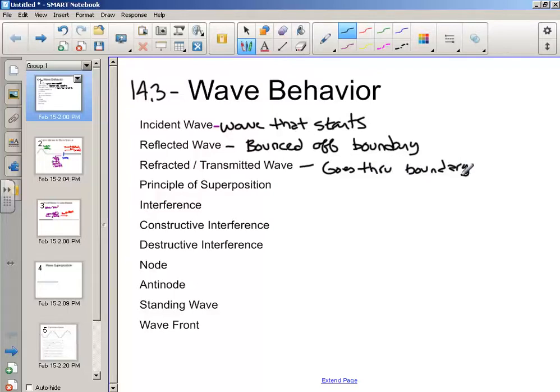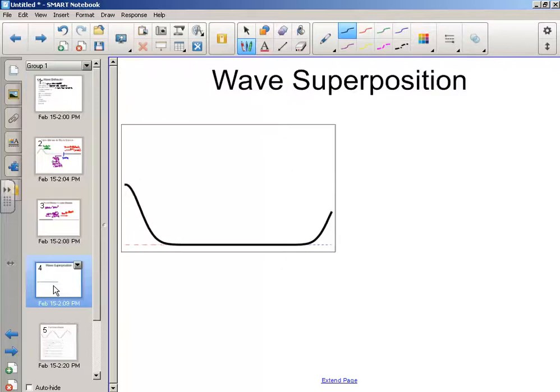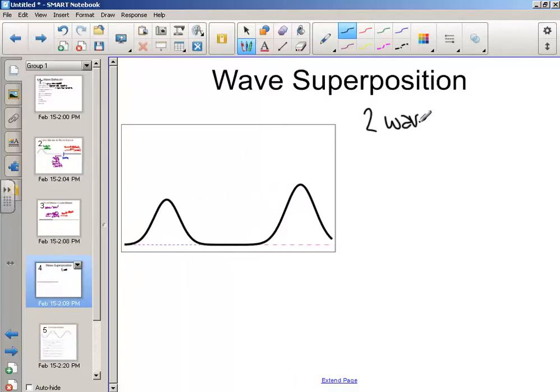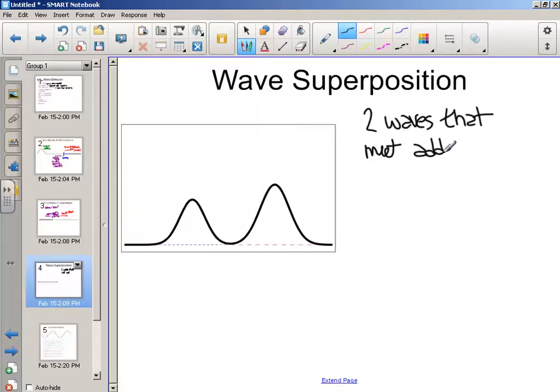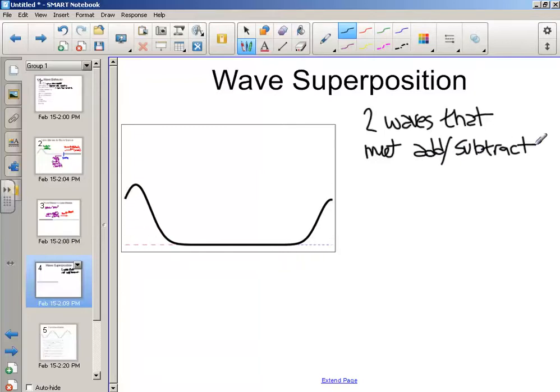Next we have the principle of superposition. Superposition is when two waves come together, they add up. They can also subtract too. So the principle of superposition: two waves that meet add or subtract. These two waves are physically adding because they're both on top here.